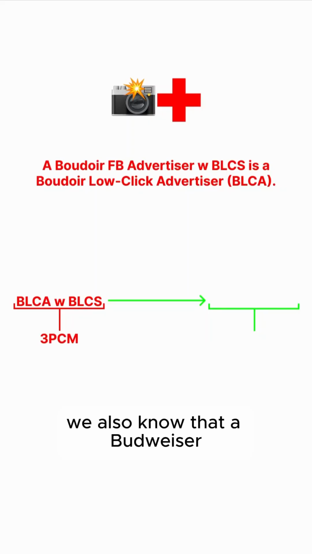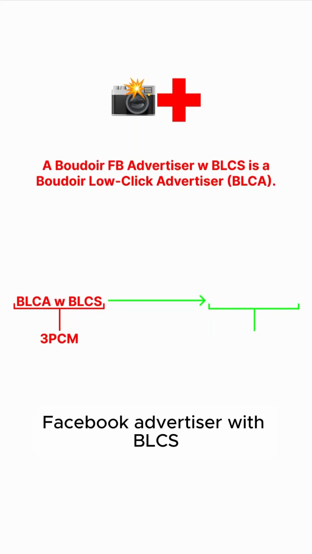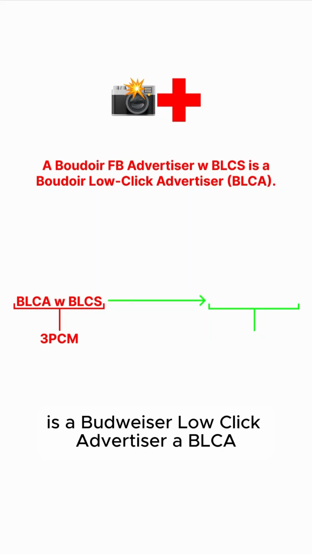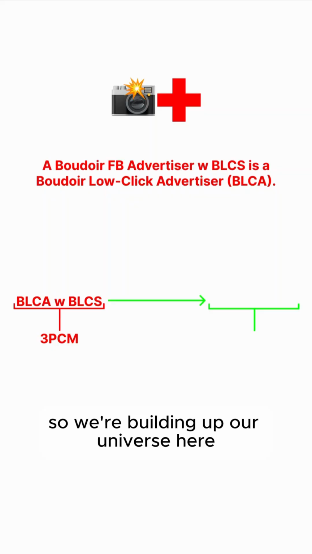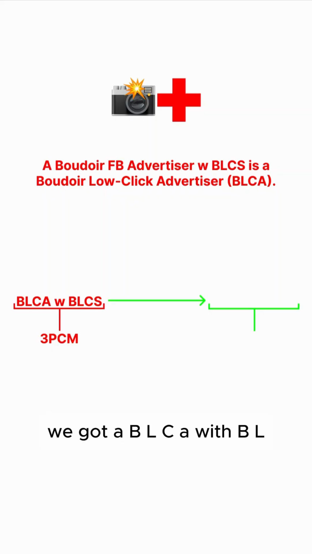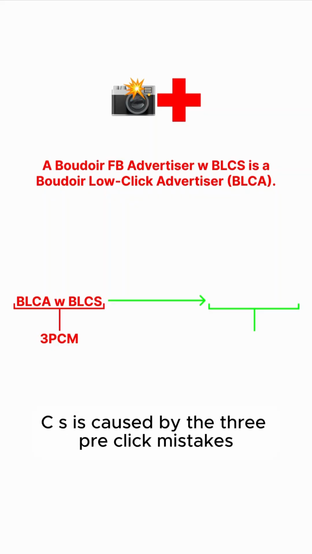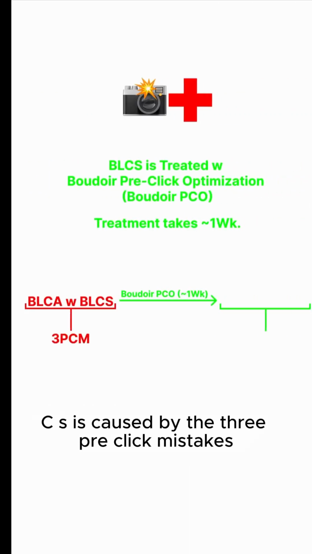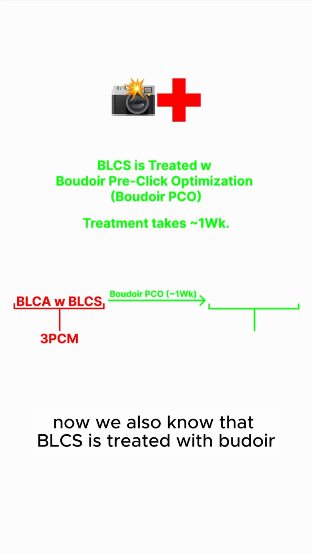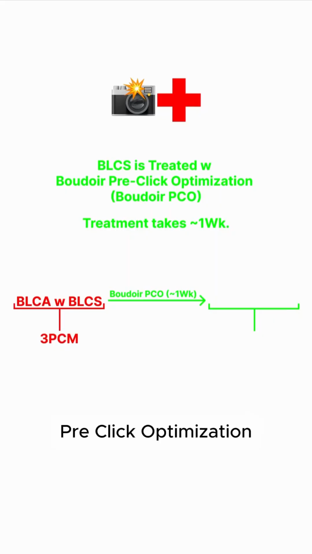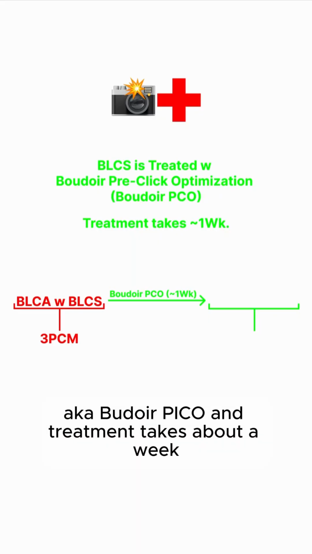We also know that a Boudoir Facebook advertiser with BLCS is a Boudoir low-click advertiser, a BLCA. So we're building up our universe here. We got a BLCA with BLCS caused by the 3 pre-click mistakes. Now, we also know that BLCS is treated with Boudoir pre-click optimization, aka Boudoir Pico, and treatment takes about a week.